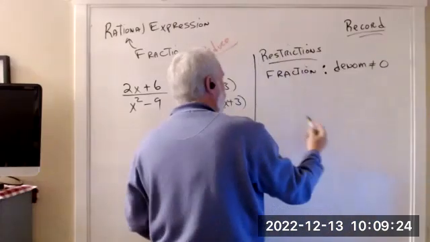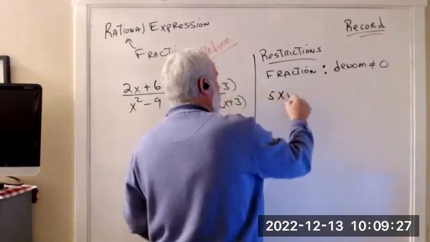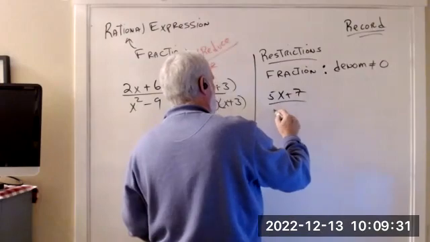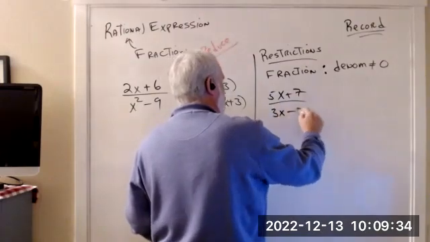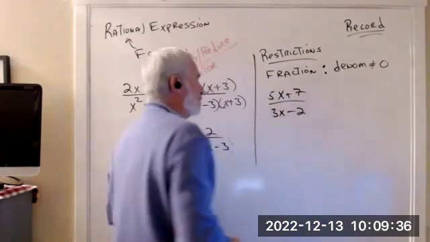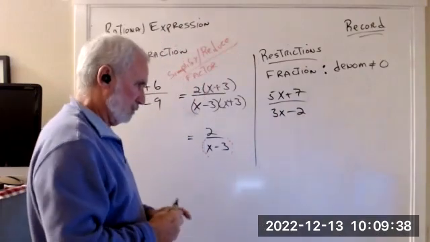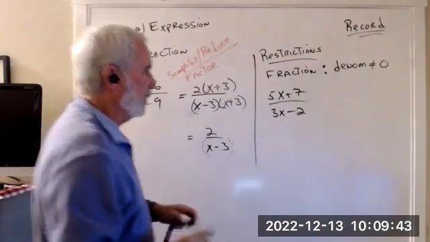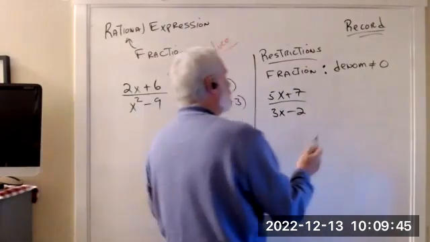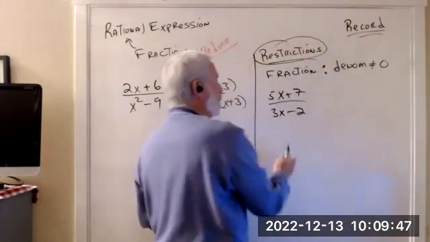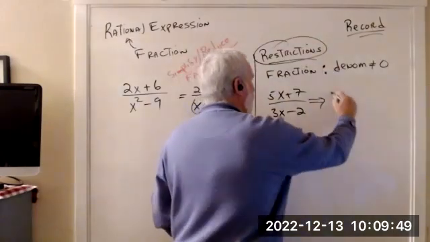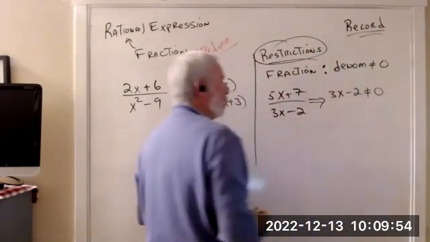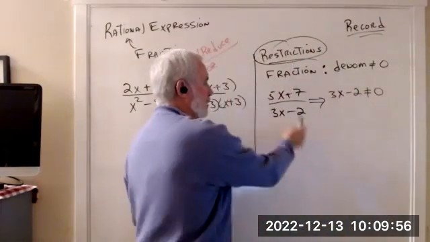Okay, so if we had something like 5x plus 7 over 3x minus 2, then to find the restrictions for this, this would imply 3x minus 2 cannot equal 0, because that's the denominator.